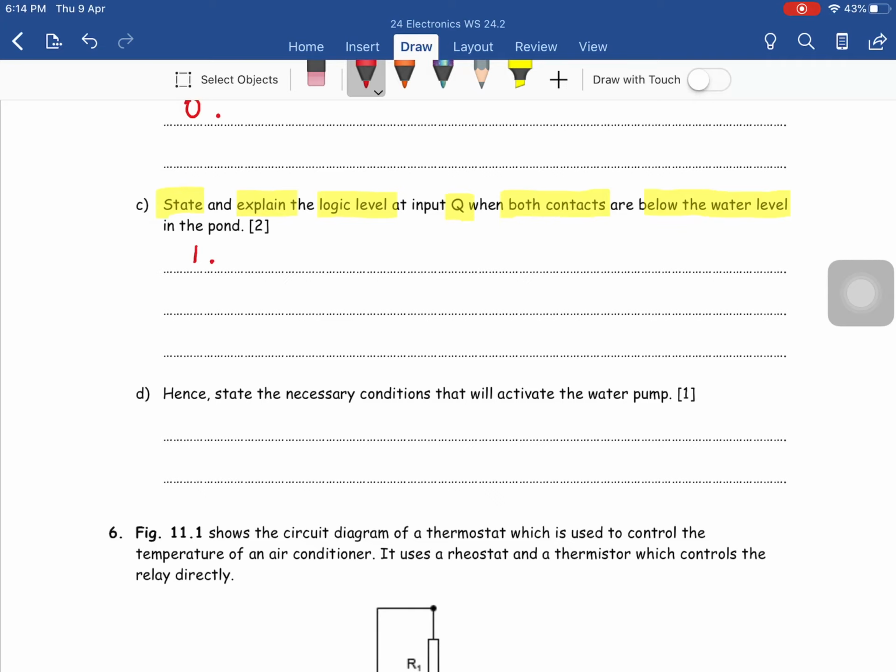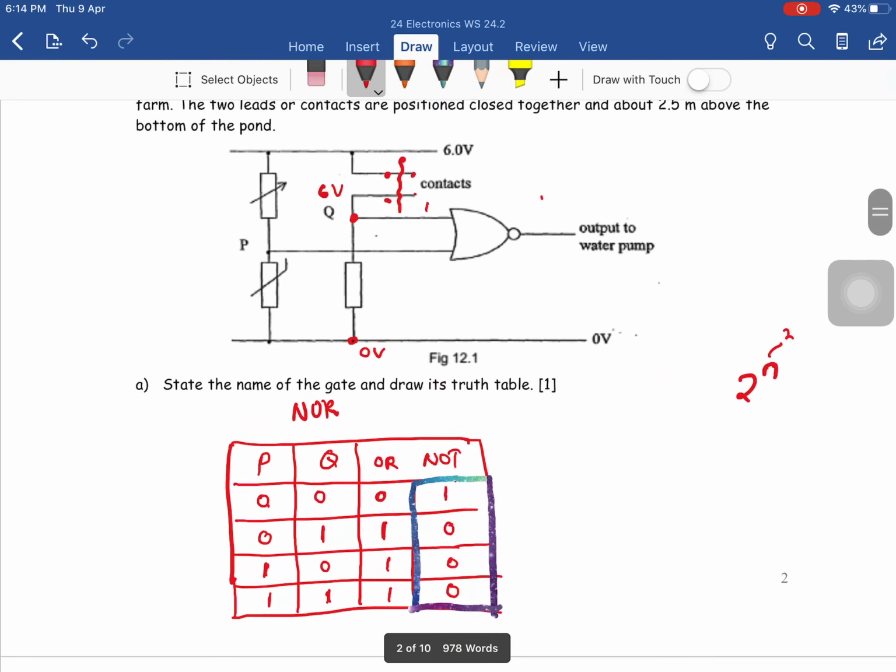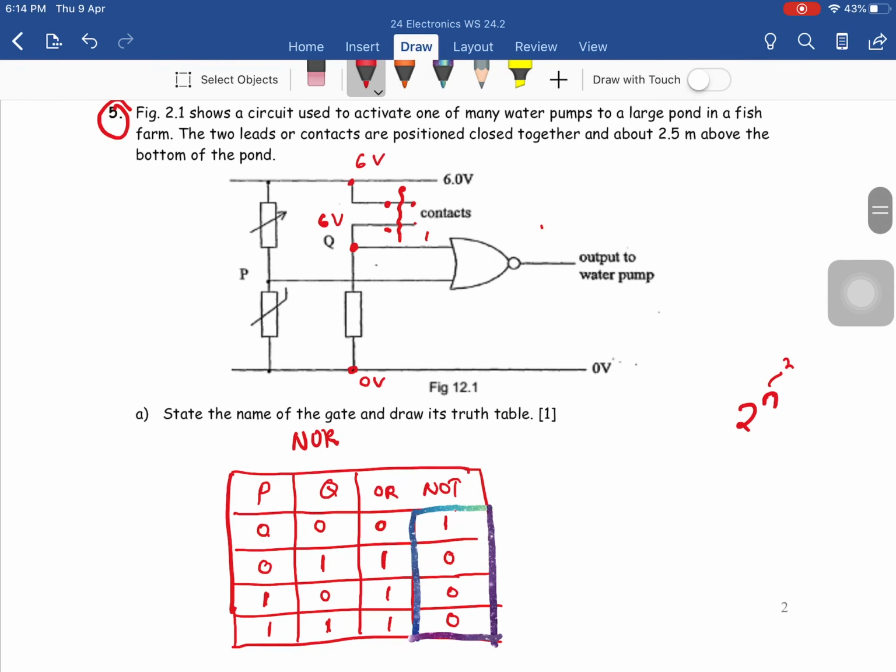Now let's go to D. Hence, state the necessary conditions that will activate the water pump. Now, what do you want? When do you want the water pump to be activated? You want the water pump to be activated when there is low water, right? When the water level is low, because if the water level is low, your fishes are going to die. So you want to make sure that the water pump is activated when water levels are low.